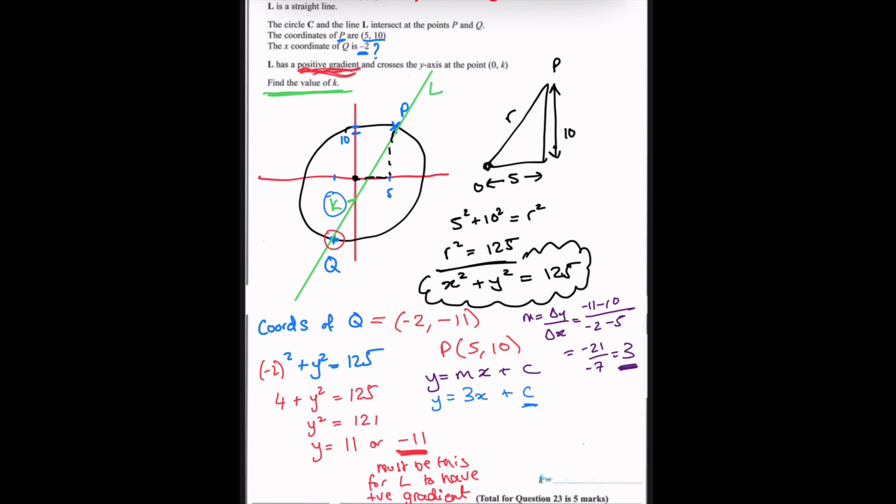So I'm going to have 5, 3 times 5 from here, and y is going to be 10 plus c. So 10 equals 15 plus c. So c has to be -5. And c is the equivalent of k because that's the y-intercept. So k is -5.